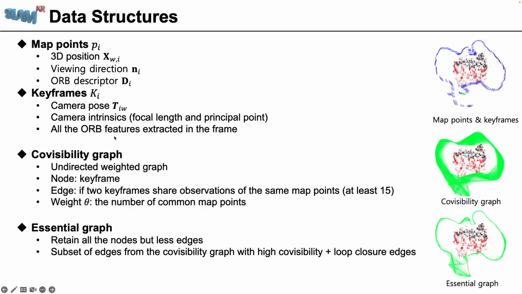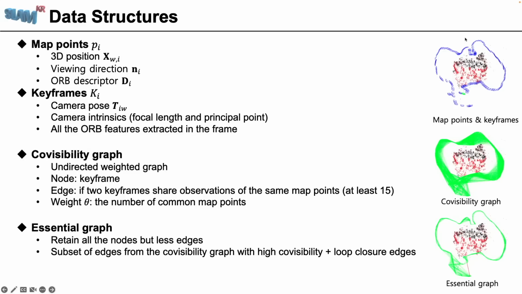A keyframe contains the camera pose, meaning rotation parameters and a translation vector, the camera intrinsics, meaning focal length and principal points, and all the ORB features extracted in that frame. Those are the ingredients in keyframes.